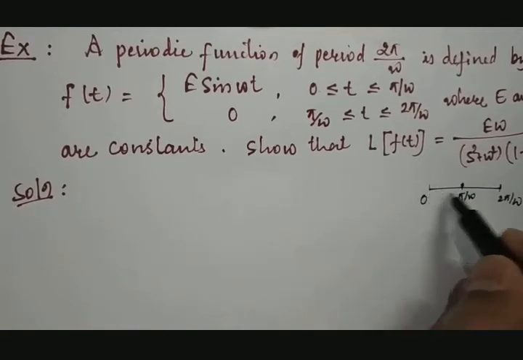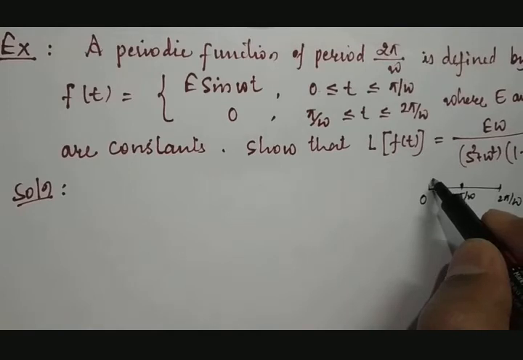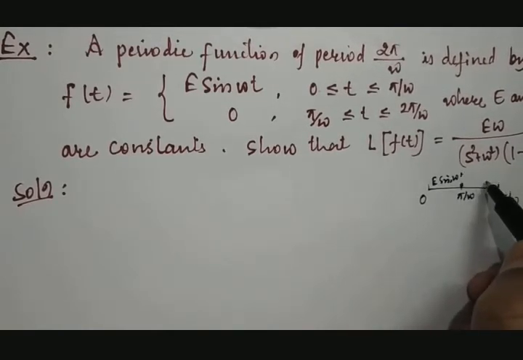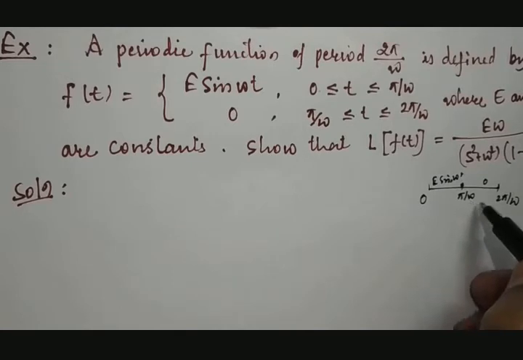Between 0 to pi by omega the functional value will be e into sine omega t, and between pi by omega to 2 pi by omega the functional value will be 0.